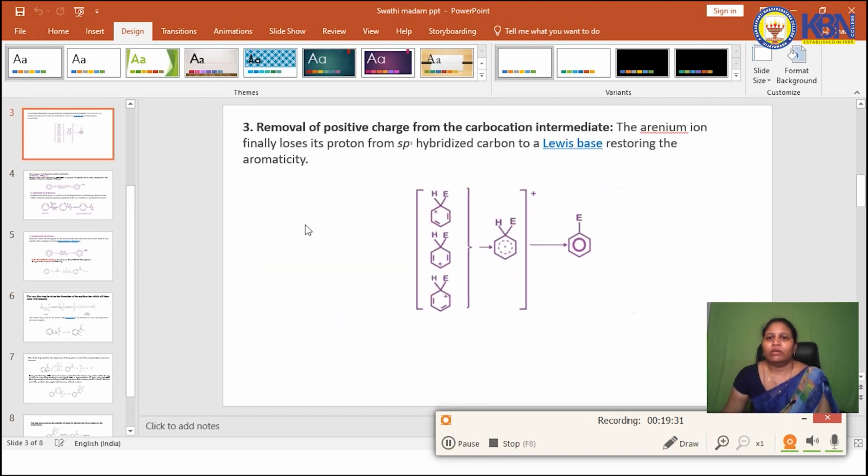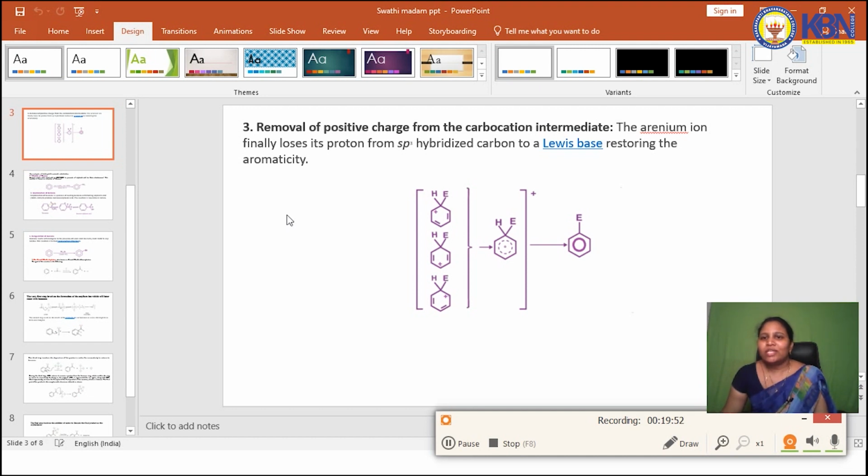So benzene mostly participates in electrophilic substitution reactions. Electrophilic substitution reactions means the hydrogen atom of benzene is replaced by an electrophile. That means the electrophile, a positively charged ion, replaces the H plus ion of the benzene ring.